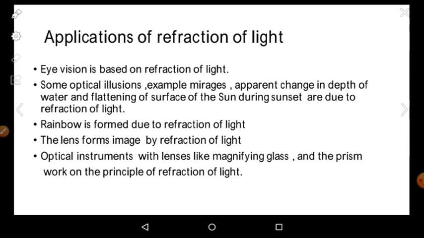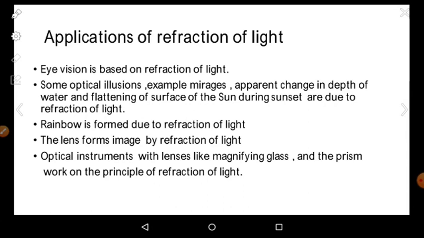The sun is spherical in shape, but during sunset we can observe that due to refraction of light, the bottom appears to be flattened. Also, the apparent depth of a pond or water level is different from the actual depth of the water. These are natural phenomena which can be observed due to refraction of light.